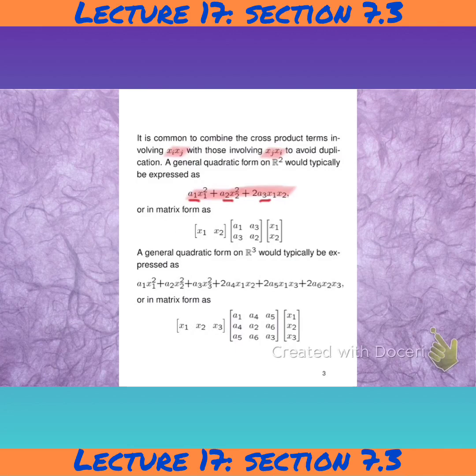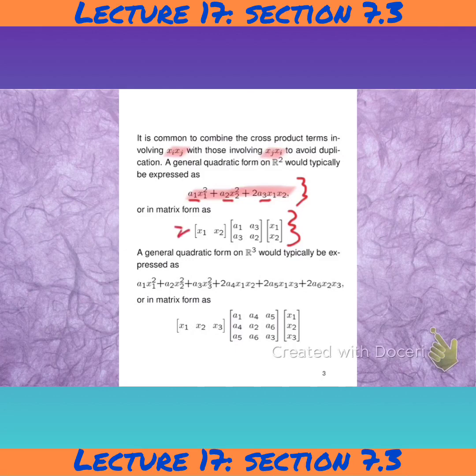And then we've got the column vector x1, x2. Now one can see that if you multiply that matrix out, you get this function here. So it's possible to write all these quadratic forms as a product of matrices in that particular form.